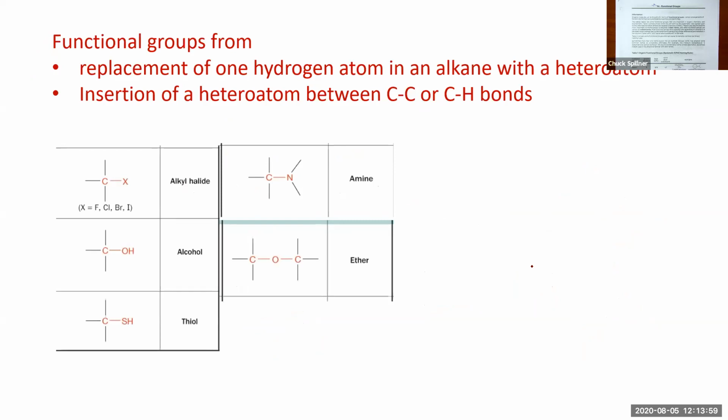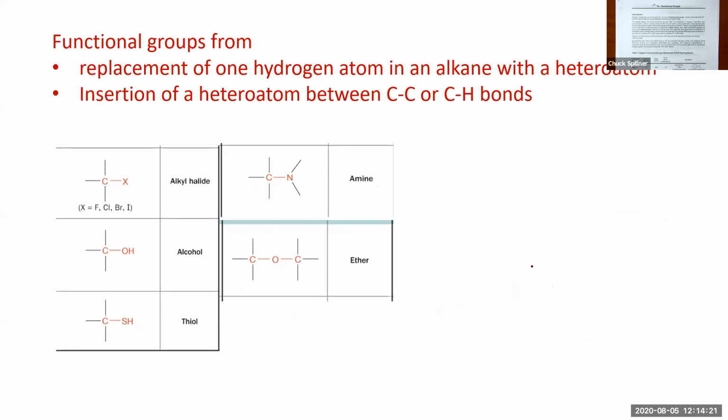Okay, so we're going to go on past hydrocarbons. Those are hydrocarbon functional groups. Now, if you replace a hydrogen in an alkane, remember we're doing something to the hydrogens in an alkane to get these functional groups.